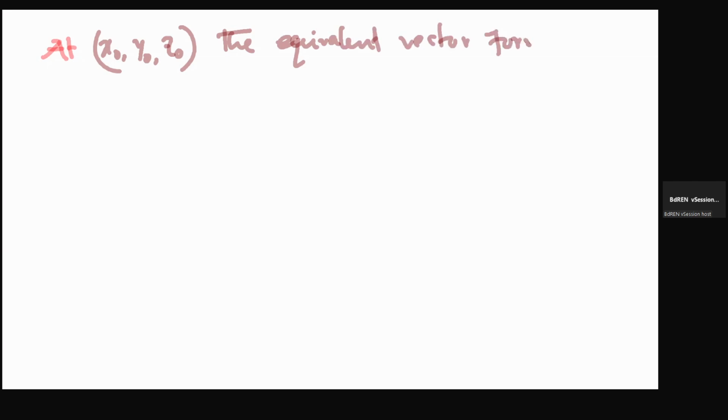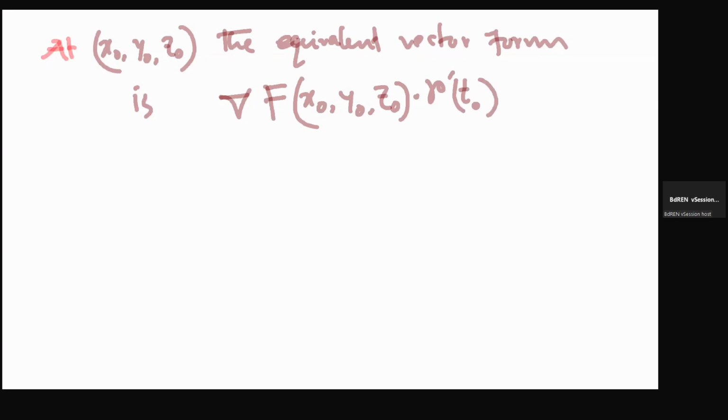So at a specific point x naught, y naught, and z naught, the equivalent vector form is nabla f of x naught, y naught, z naught dot r prime t naught equal to 0.